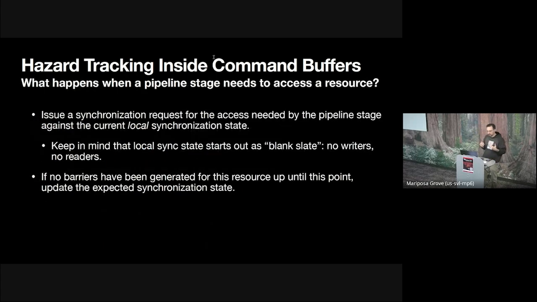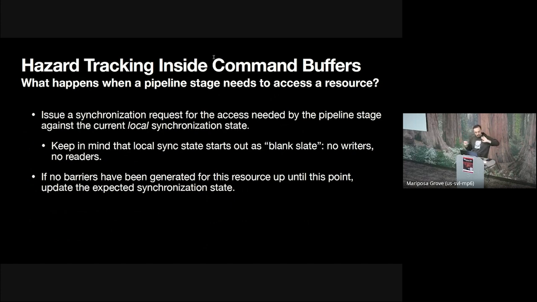So what happens when a pipeline stage needs access to a resource? Let's say you're recording bind index buffer. So now the vertex input stage needs index read access, right? Well, we issue a synchronization request for that specific access and that specific pipeline stage against the resource's current local synchronization state. And remember, local sync states start out as blank slates completely, right?